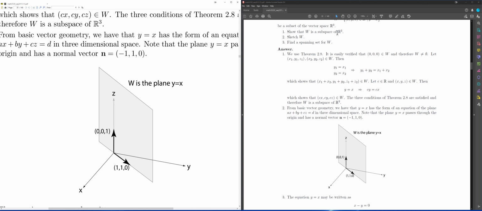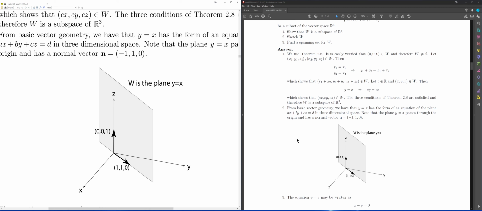It's a subspace of R3, and we talked about this already. What are the subspaces of R3? Subspaces of R3 are just the origin itself, lines through the origin, planes through the origin, and then R3 itself. So we just need to determine which one this is.